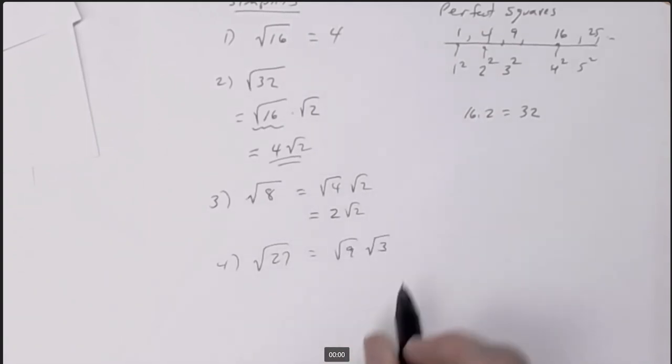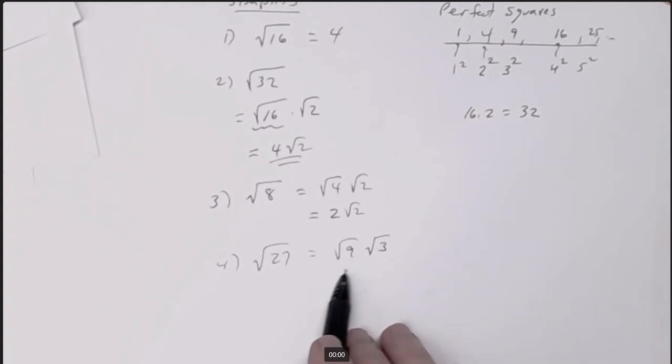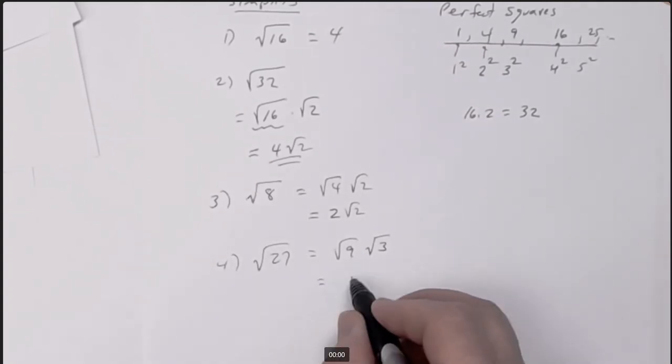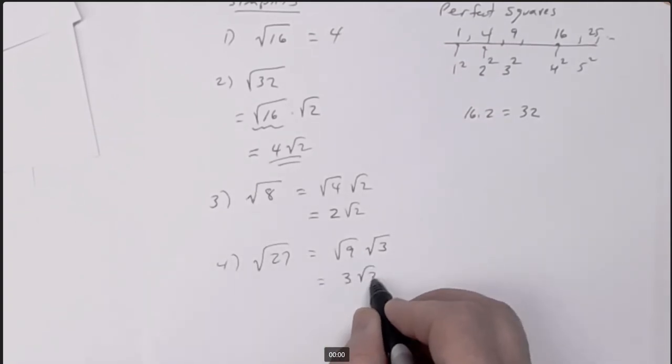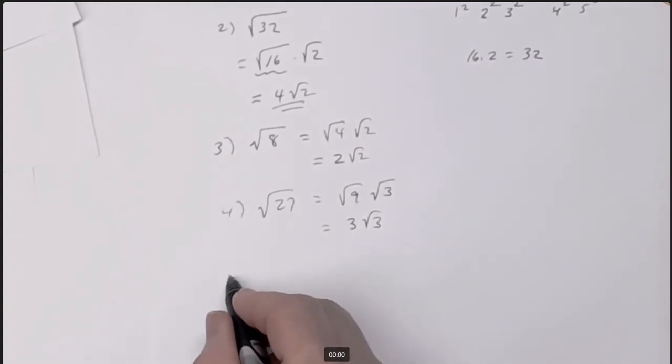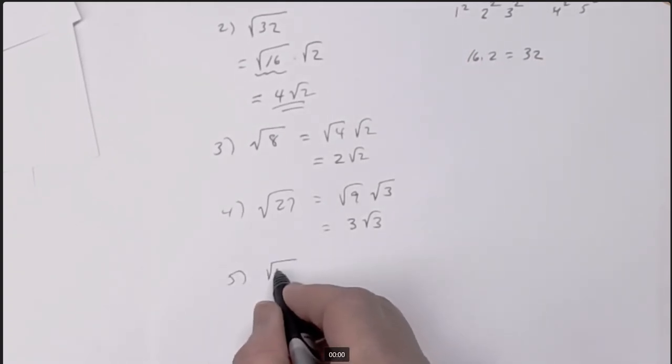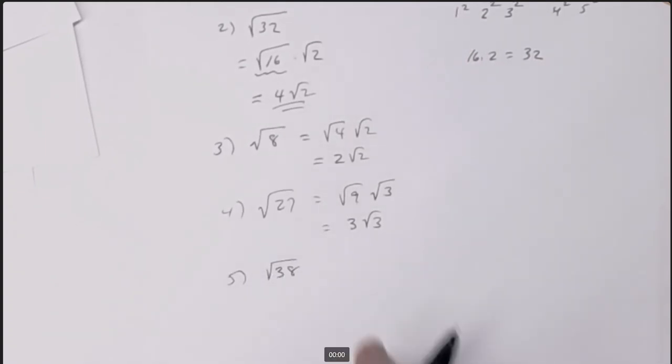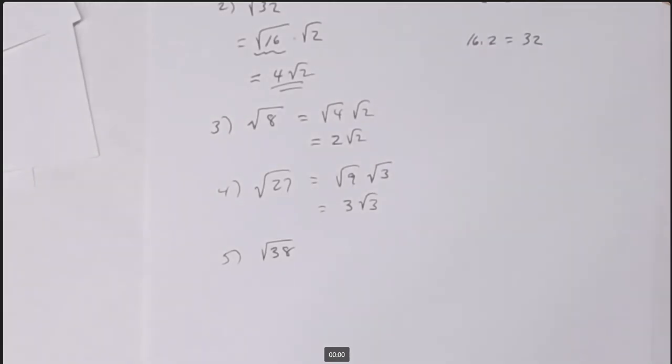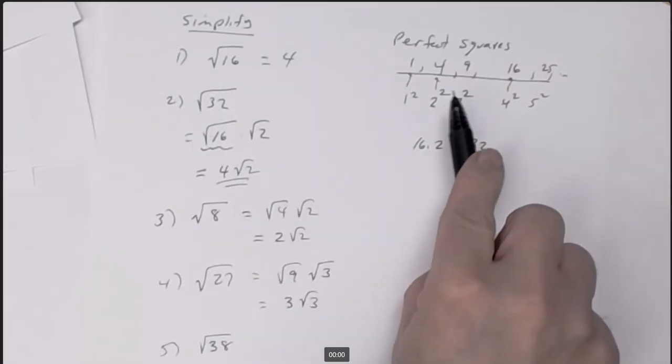Can I simplify the square root of 38? Is there a perfect square that goes into 38? 4 times what whole number is 38? I don't think there's any, right?